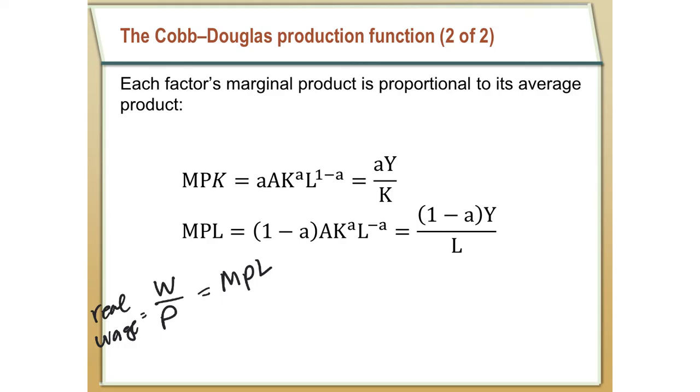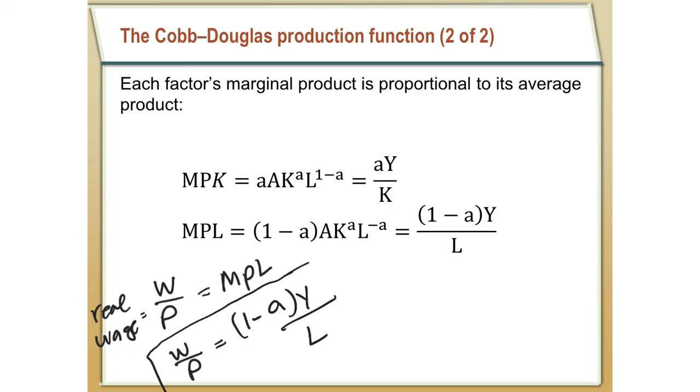We can say that W over P is equal to the marginal product of labor, which is given by the expression here. So let's simply set that equal to 1 minus A times Y over L. Using this sort of expression is going to be a way for you to solve for the real wage in a problem.